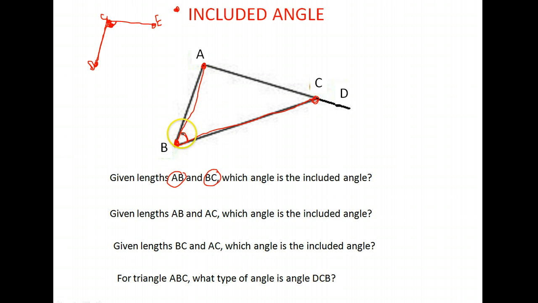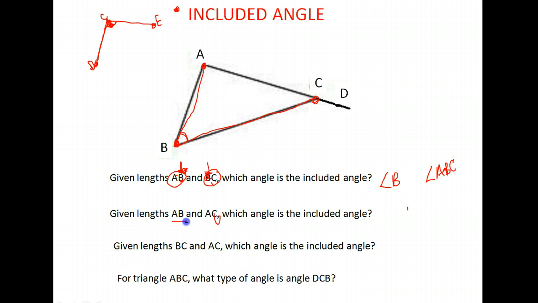They form this angle right here, angle B, or if we write it more formally, angle ABC. One other hint that can help you out here is, notice this is the letter that was repeated in both. That's the angle where they come together, the included angle. So I could have just looked at their names and seen the included angle would have been angle B, or angle ABC.